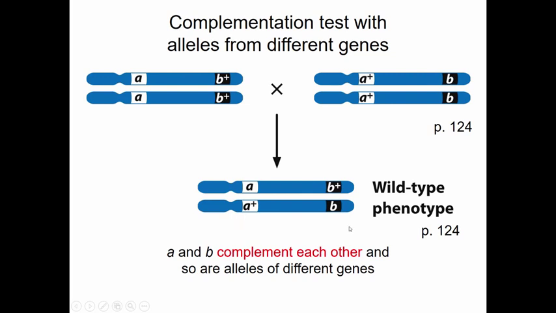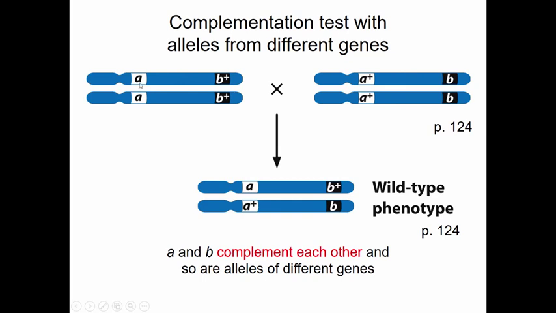And so what you've got down here is you're putting, again, mutant allele A in trans to mutant allele B. However, in this case, A and B are not alleles of the same gene. And so you're not homozygous mutant for any gene in this progeny down here.